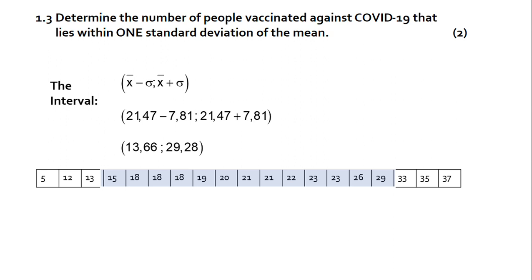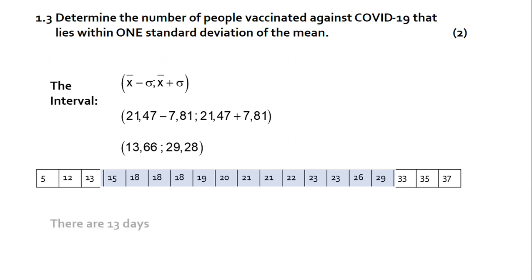So 13 is smaller than 13.66, and that is why it is not part of the interval. It is outside 1 standard deviation. As well, on the upper side, 33 is bigger than 29.28, and therefore it falls outside our interval.